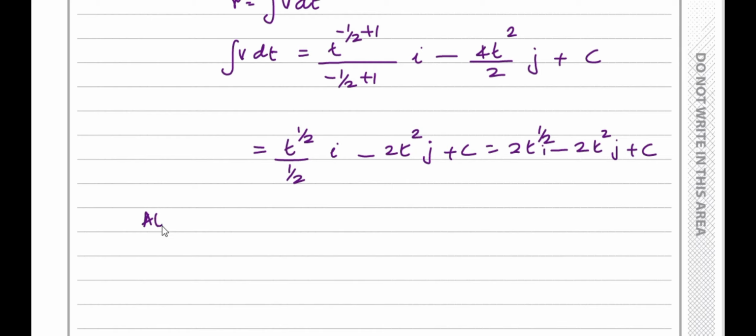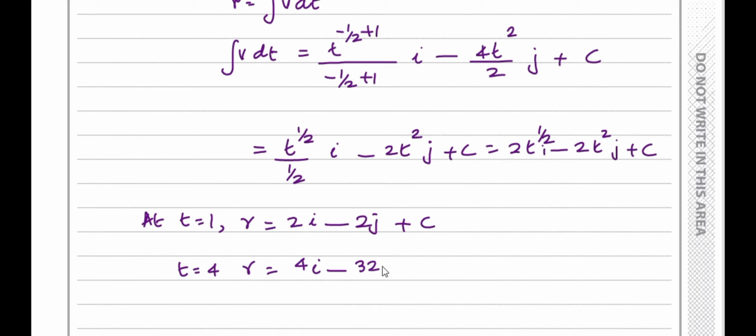At t is equal to 1, therefore r is equal to 2i minus 2j plus c, and at t is equal to 4, r is equal to 2 times 4 to the power of half, that is 4i, minus 2 times 4 squared, that is 2 times 16, 32j plus c.